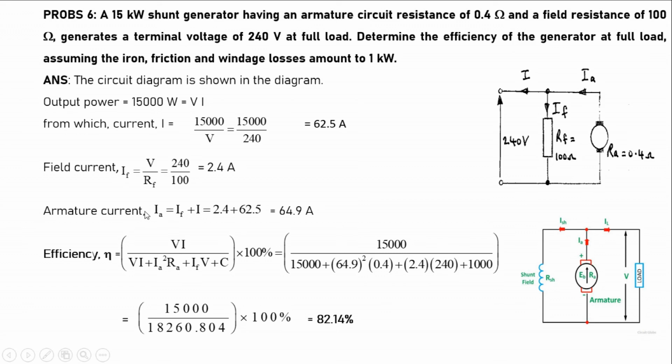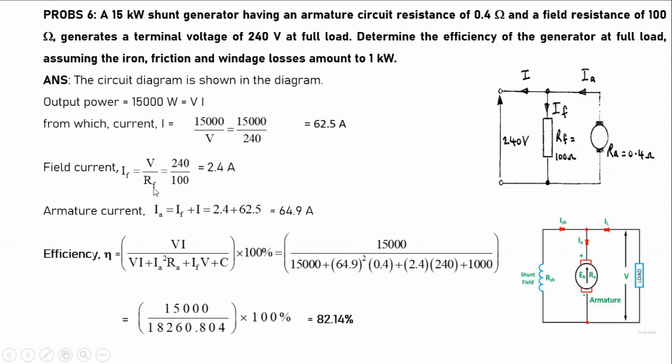How can we find out the armature current? We know that the armature current for a shunt generator is equal to IL plus ISH. The field current we can call IF, or the shunt field current ISH. So how can we find out IF or ISH?